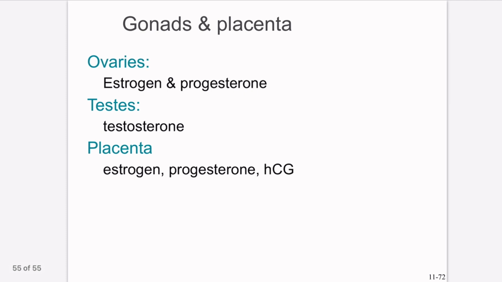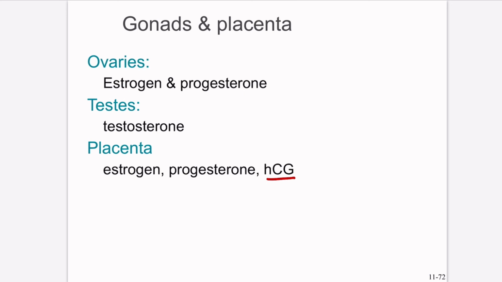And then last we have our gonads, or our placenta. Our ovaries produce estrogen and progesterone. Our testes produce testosterone via those interstitial cells. And our placenta, when a female is pregnant, produces estrogen, progesterone, and also HCG, which stands for human chorionic gonadotropin.